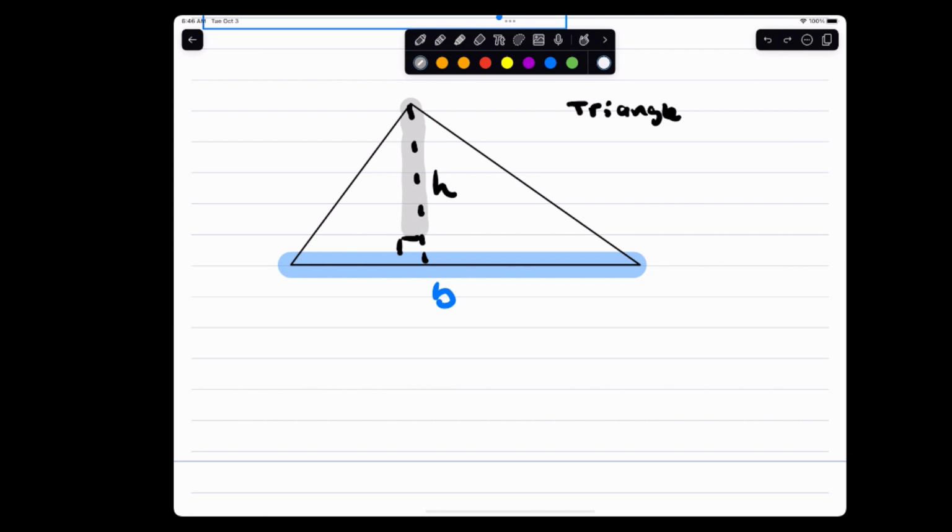So do you guys happen to remember what is the formula for the area of a triangle? Isn't that 1/2 what? Base times height? Do you guys remember that? That's your formula for area of a triangle from geometry.